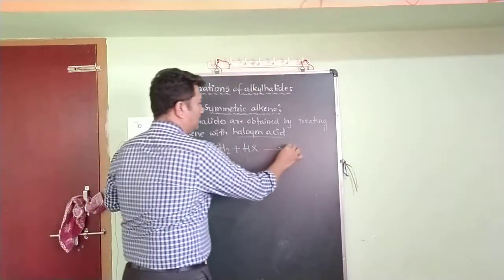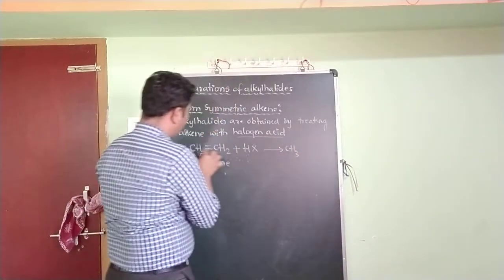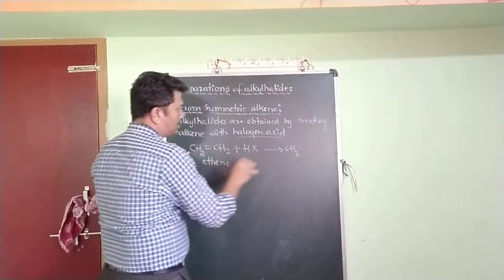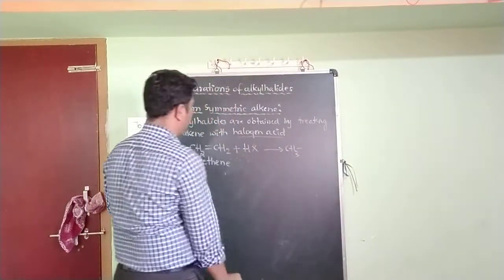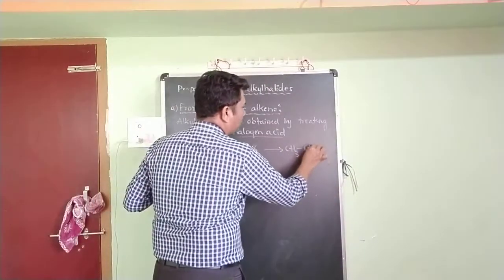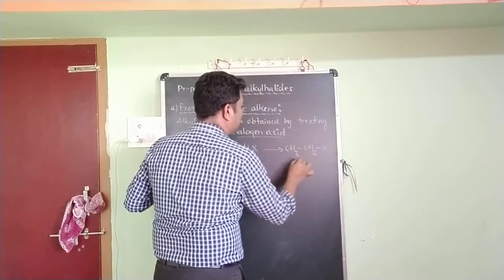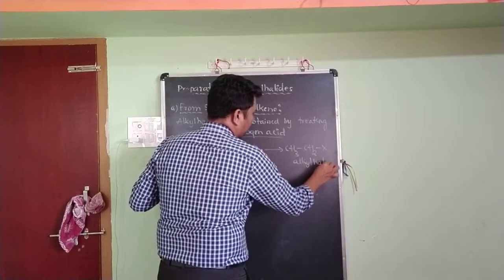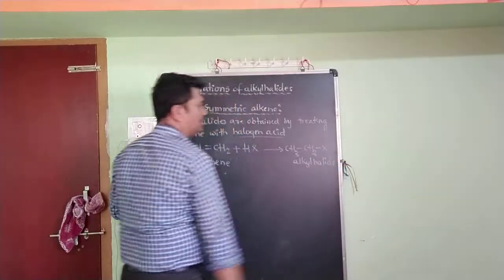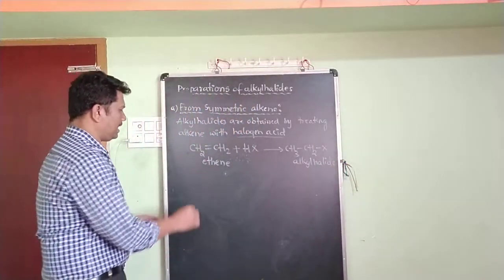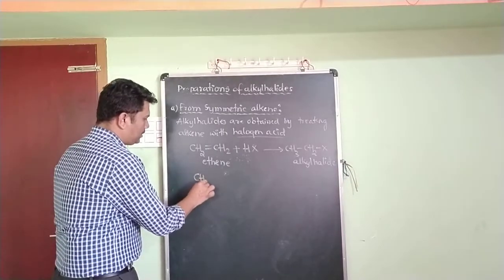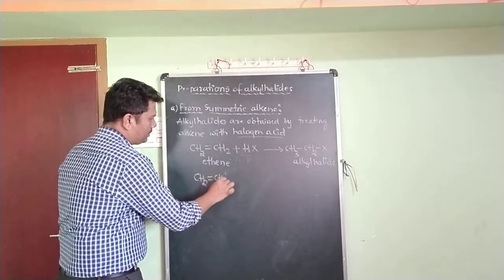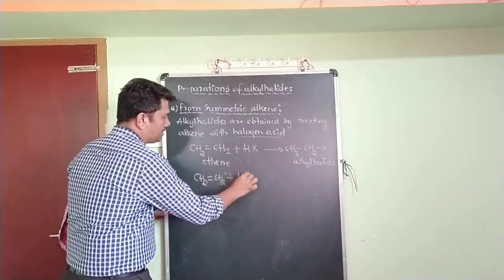See, CH3-CH2, one H added, now it becomes a single bond: CH3-CH2-X, and this is called an alkyl halide. I'll take one particular example here: CH2=CH2 plus HCl.